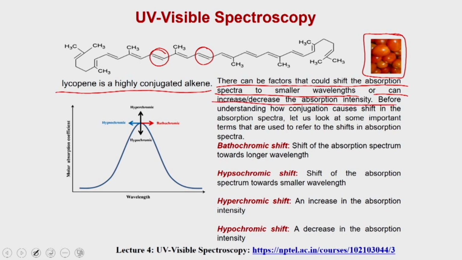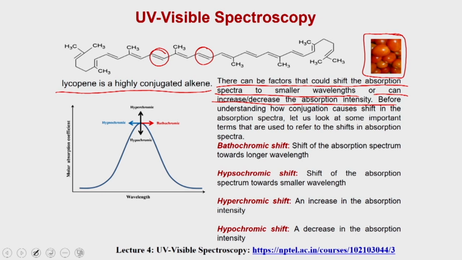So what are these? These phenomena can be described in a different way. When you see a shift in the absorption spectra, or an increase or decrease, for all these phenomena there are specific terminologies that people use.